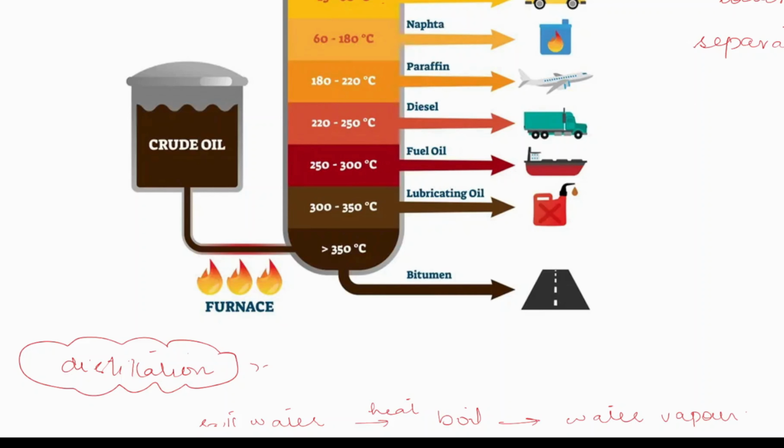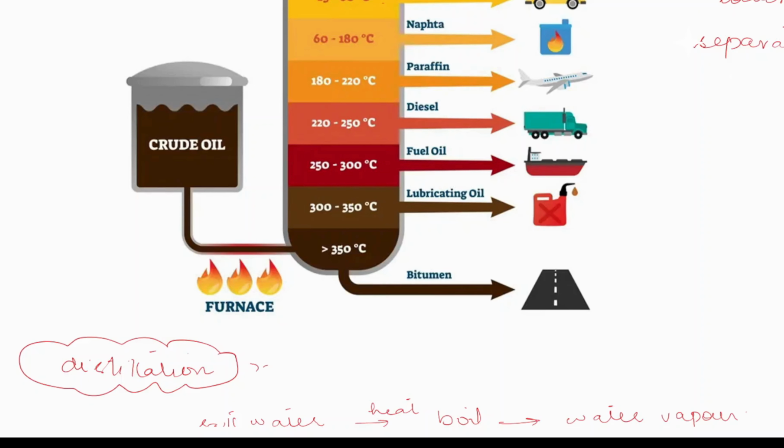If you use a low quality petrol, your car can produce a knocking sound. It won't be smooth. Knocking means it would stop in the middle. It won't give you a good drive. That is knocking.